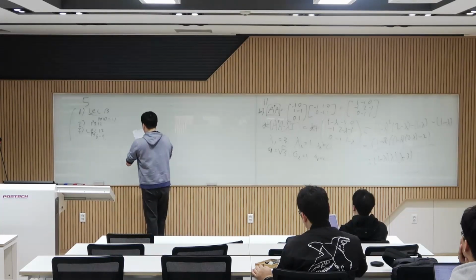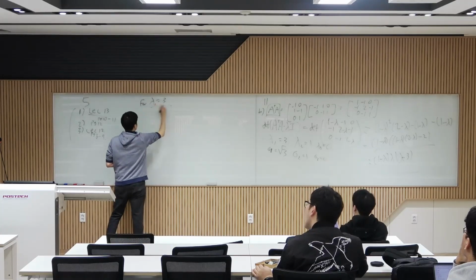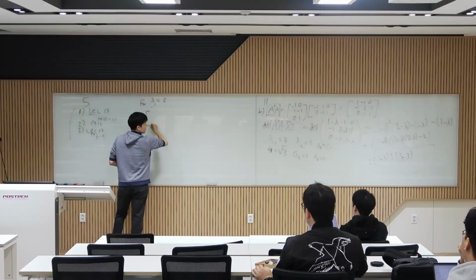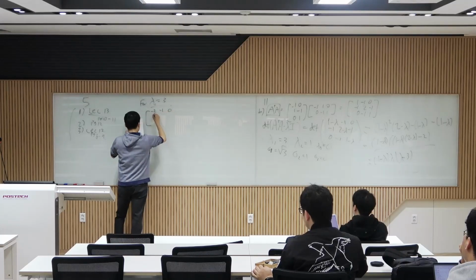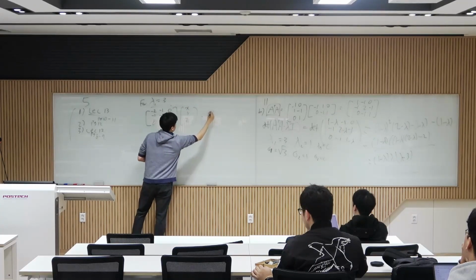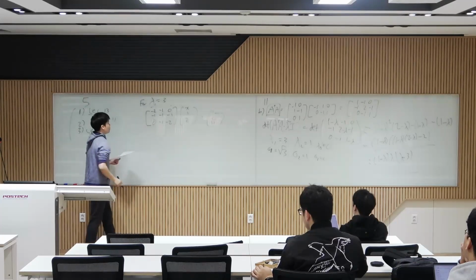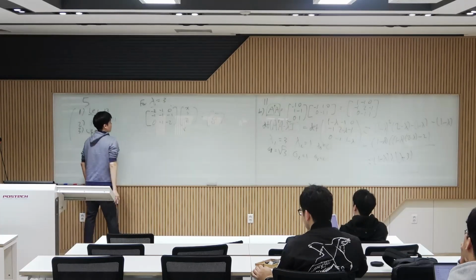Now, for the first eigenvalue, lambda 1 is equal to 3, we can write the equation negative 2... So this equation should be satisfied when we use lambda 1 equal to 3, and this will be the eigenvector that we want.